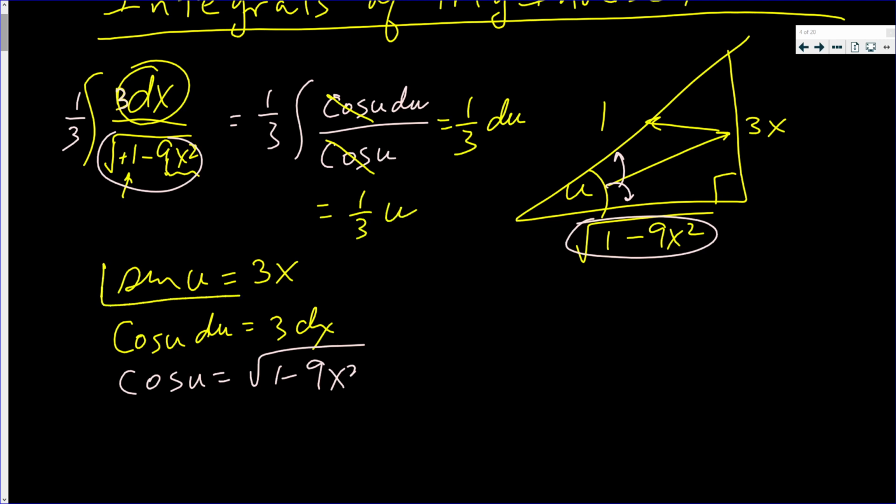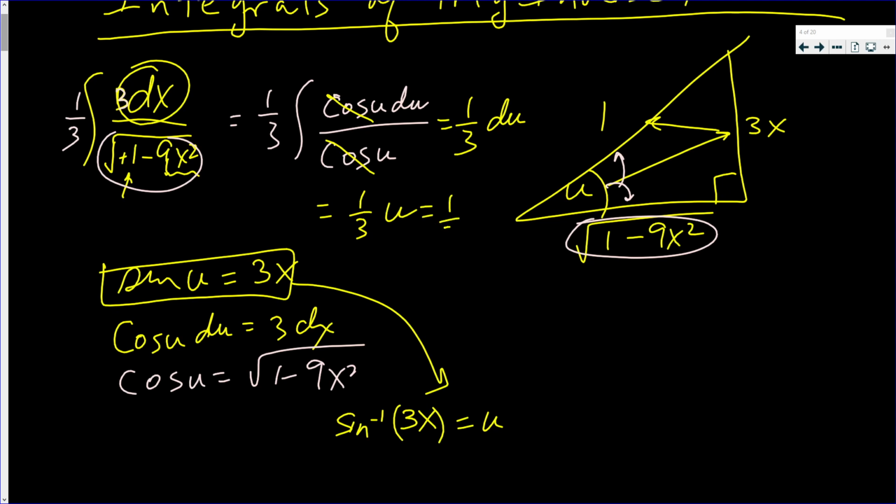Now, from here, sine inverse of 3x is equal to u. So the final answer is 1/3 sine inverse of 3x plus c.